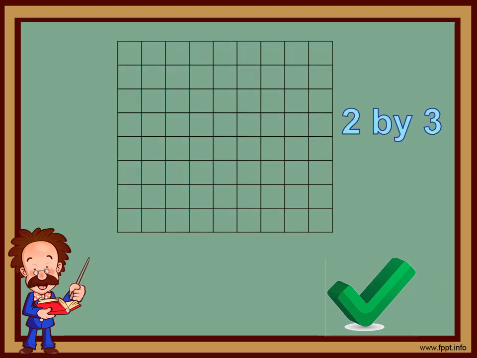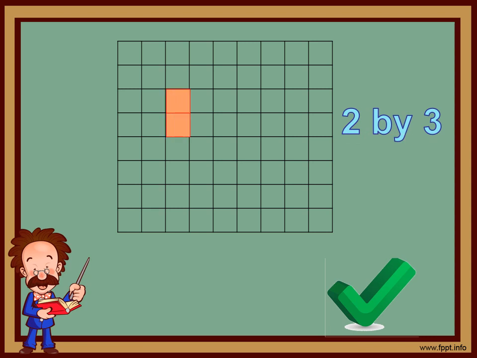Okay, primary 2, let's get started with our new part of this lesson. This is the only thing that we are going to do. It's a very easy thing. Now he says form an array 2 by 3, where he gave me these squares. So what am I going to do? I'm just going to shade inside these squares so it will be 2 by 3, like that.